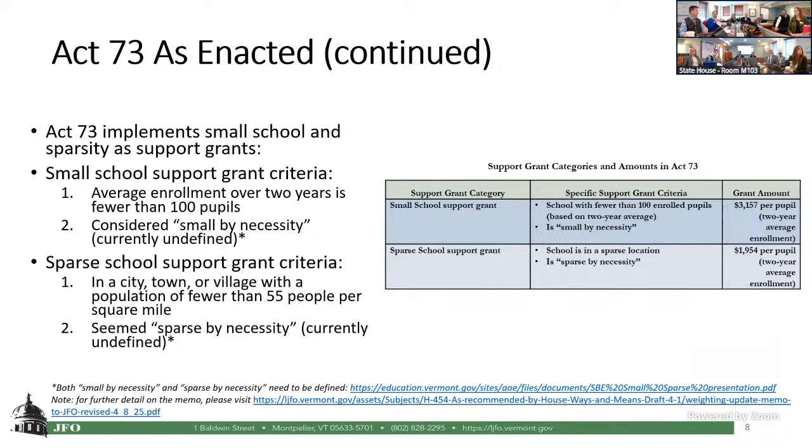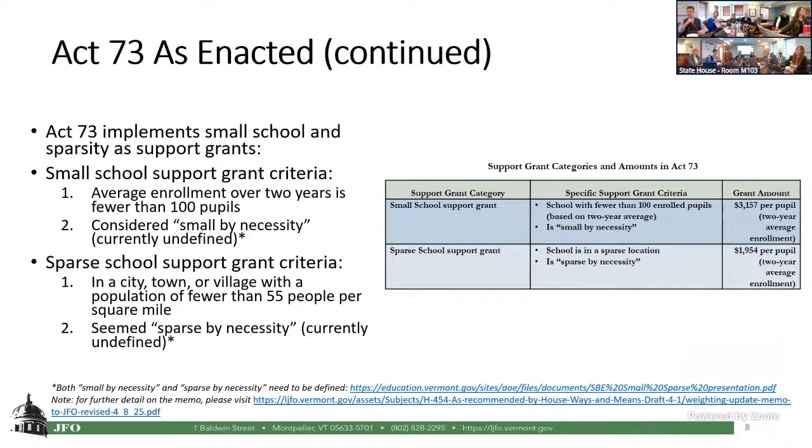So the small school support grant applies to just the kids in that school, regardless of what district construct we end up at. The sparse school support grant would be by the town of residence, by the students in that sparse town. Right. Under current law, the sparsity weight is based off of the entire district.